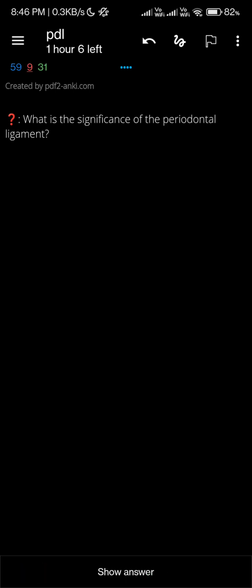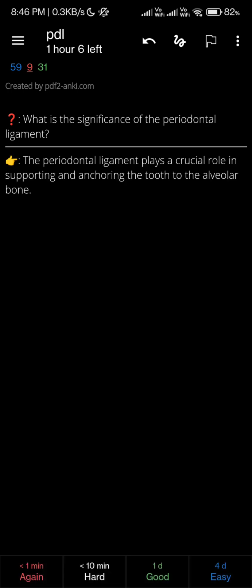So what is the significance of periodontal ligament? Periodontal ligament is necessary for the support and anchoring of the tooth to the alveolar bone.